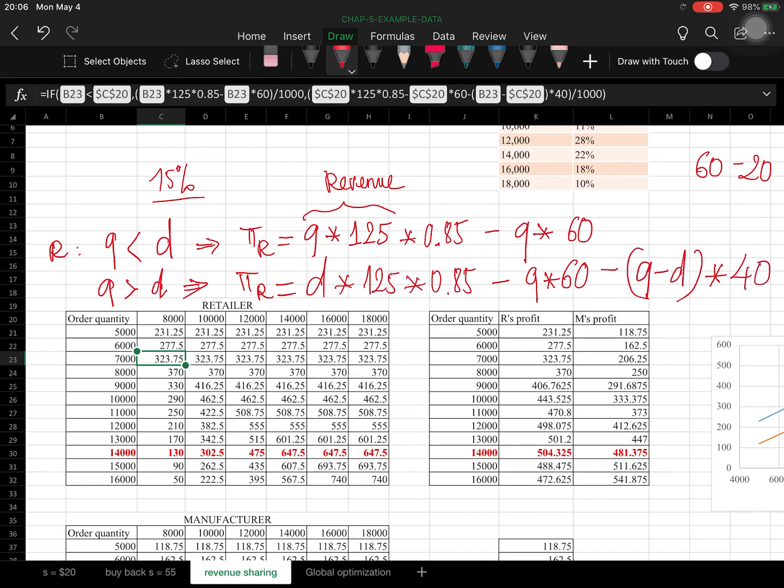Okay, here it should be the demand. So here is the profit we can earn.